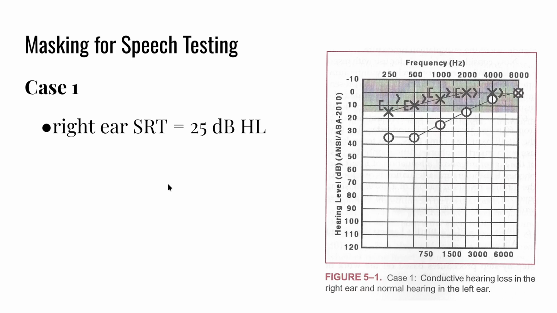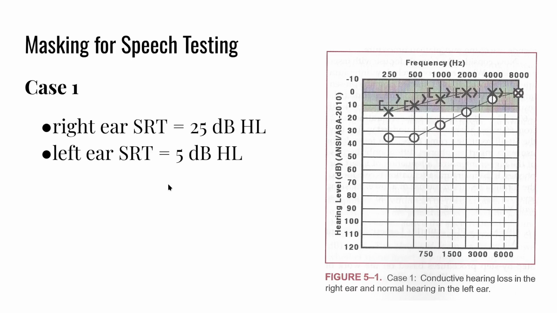We're not comparing it to the PTA, we're comparing it to the best bone conduction threshold in the left ear. Best bone conduction threshold in the left ear is 0 dB. So 25 minus 0 dB does not exceed 40 dB for an insert or a supraoral, so no need for masking for SRT.